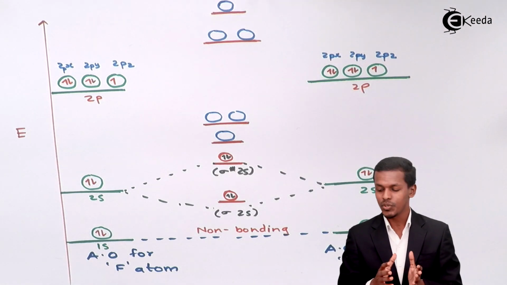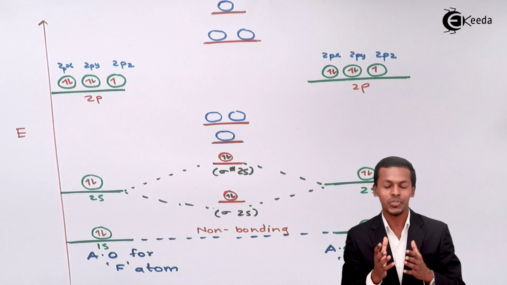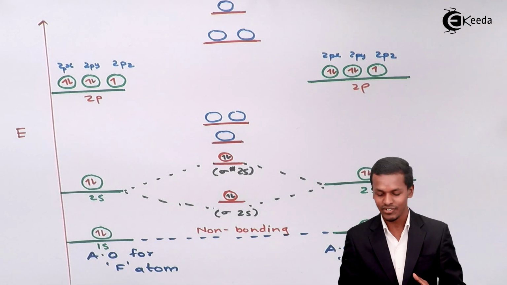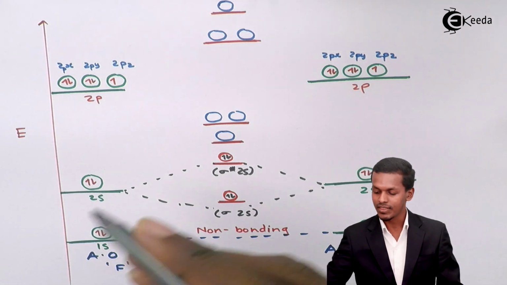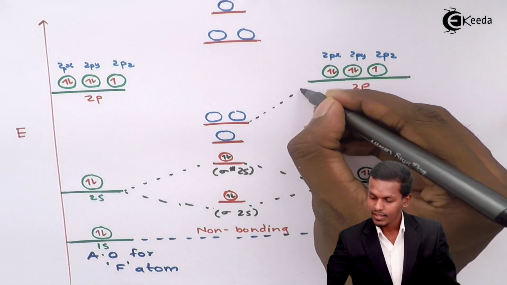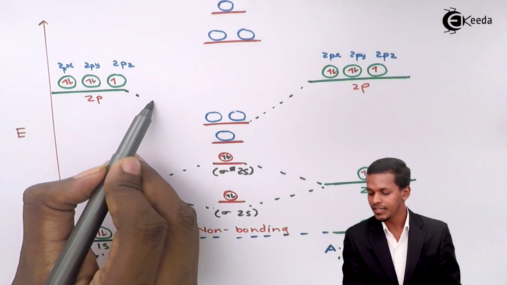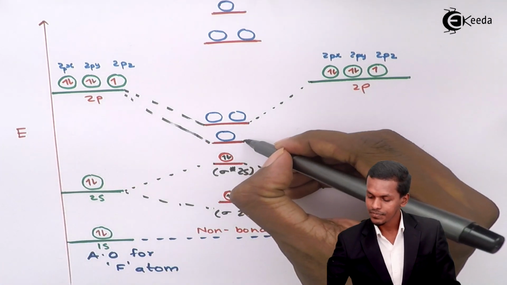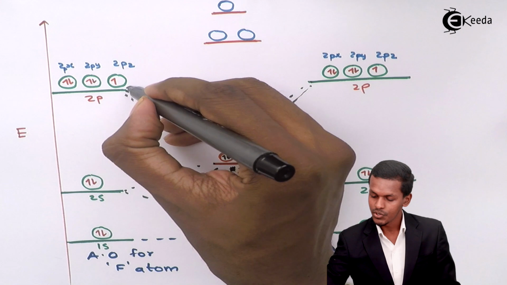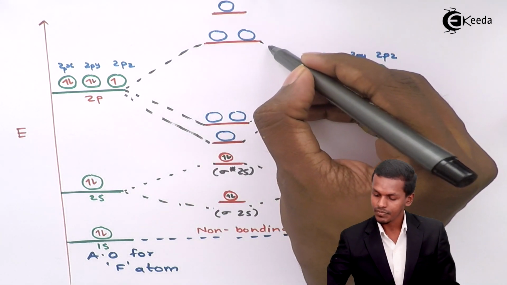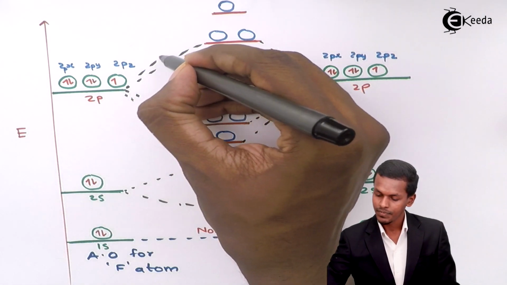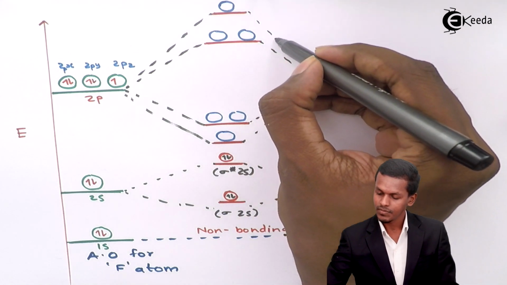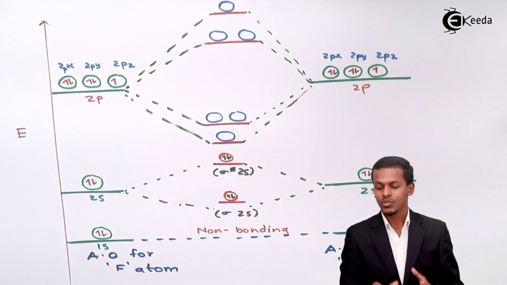Just to showcase that there is a difference in the energy level, I'm mentioning it here with a dash, just to represent that there is a difference in the energy level. So these are the energy levels.